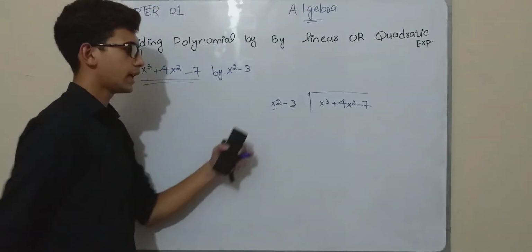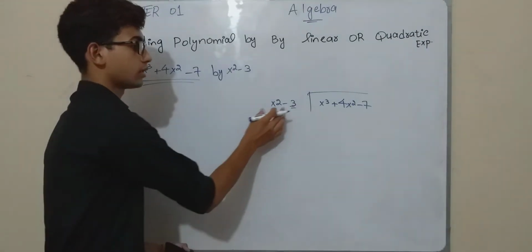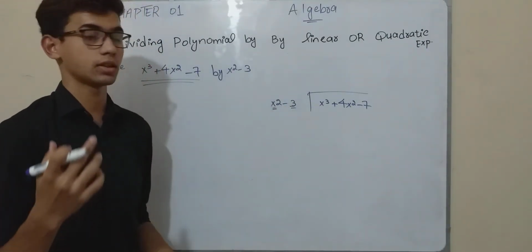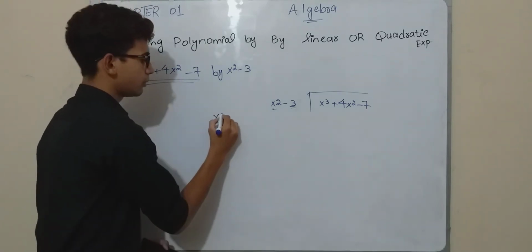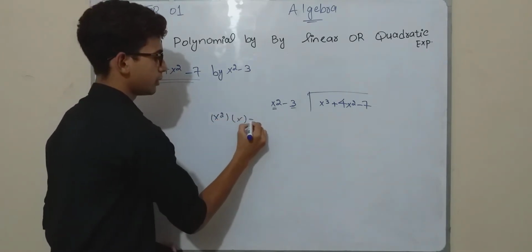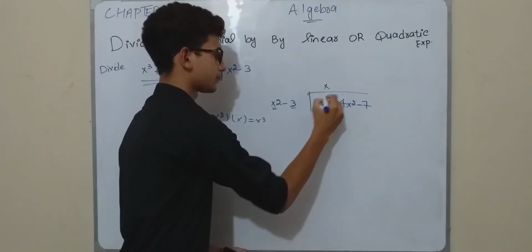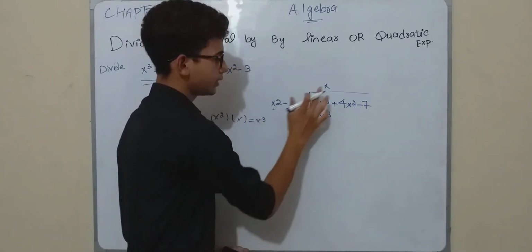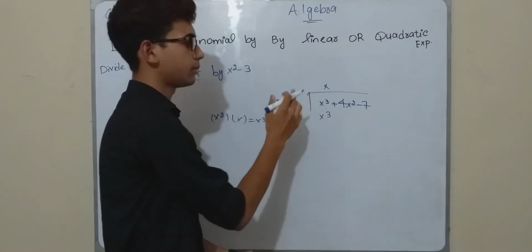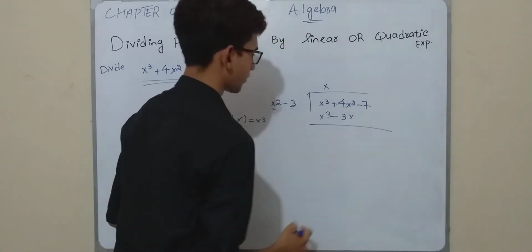Now I need to multiply x square with that variable or with that constant so that the very first variable or the constant becomes equal to it. So if I multiply x square with x, it makes x cube. X square with x makes x cube, and minus 3 multiplied by x makes minus 3x.